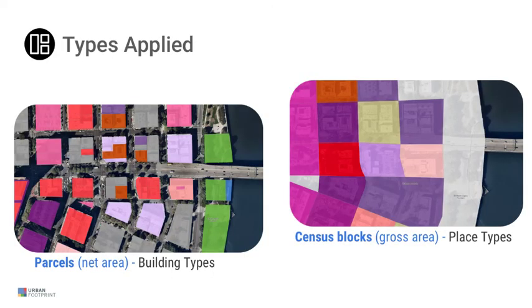So as we described in our review of building types and place types, building types are essentially the net area, so the parcel. So if you're working at a scale in which you just want to change, for the sake of scenario planning and creating some alternative scenarios that you want to evaluate, just the building types that are on the ground.